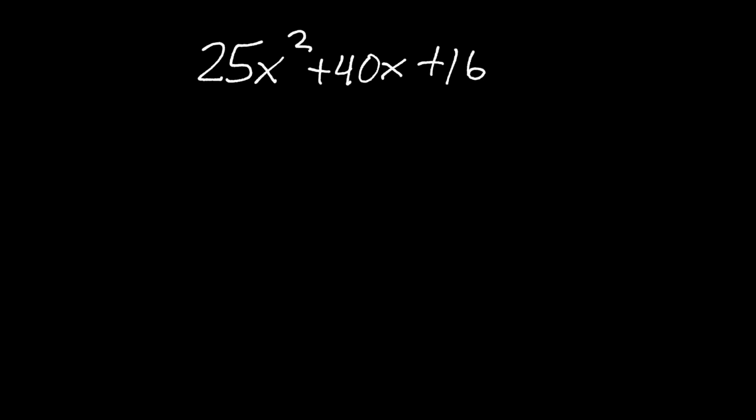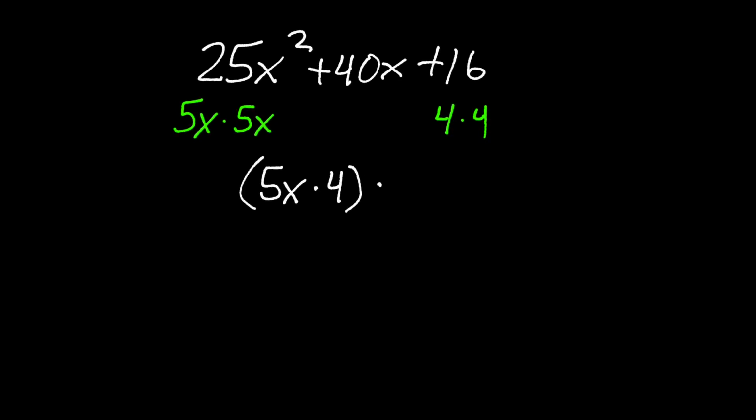And you've discovered that, yes, it is a perfect square trinomial. 25x squared is 5x times 5x. 16 is 4 times 4. And then if I take 5x times 4 and double it, multiply it by 2, 5x times 4 is 20x. 20x times 2 is 40x.